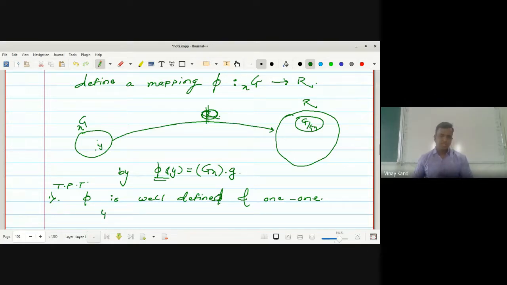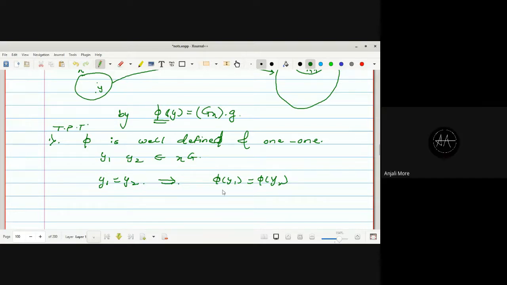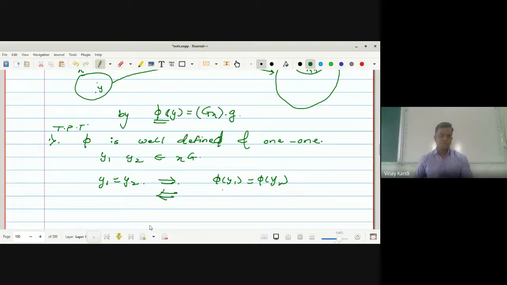Take any two elements y1 and y2 belonging to the domain, that is Gx. If y1 is equal to y2, then phi of y1 is equal to phi of y2. If this condition is satisfied, then we say phi is well defined. And if we reverse this implication, we call the function 1-1.